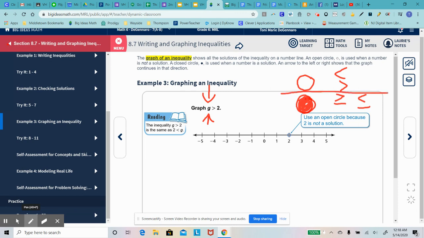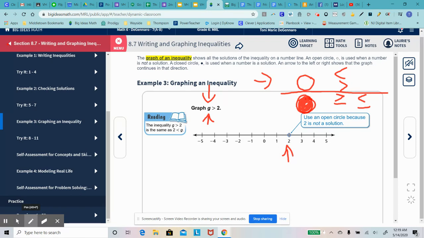Okay, that's the difference. All right, so when you're looking at example 3 here and it says g is greater than 2, well, greater than is one of these signs, so that means it has to be on 2, and it's going to be an open circle. Okay, and then it's saying g has to be greater than 2.